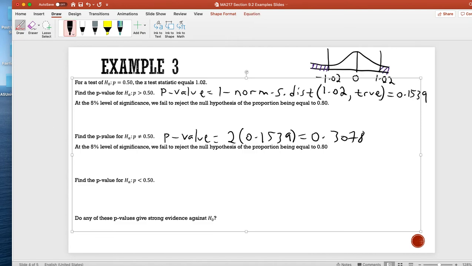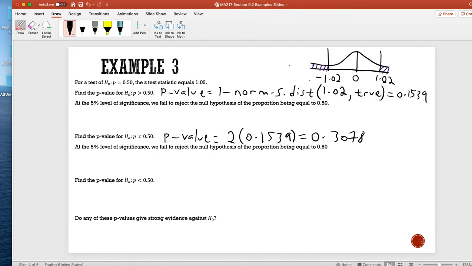And the last one on here, the p-value for the alternative hypothesis being that the proportion is less than 0.50, that deals with this area here to the left of negative 1.02. So this also gives a p-value.